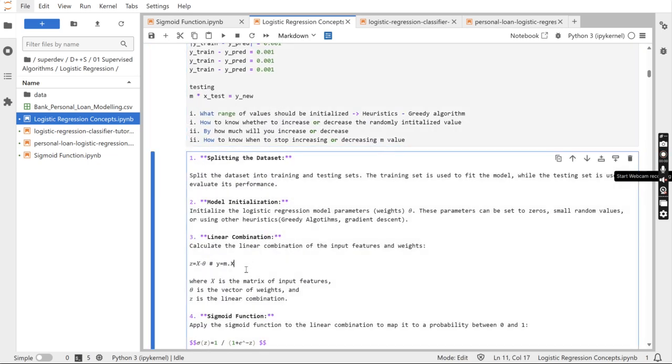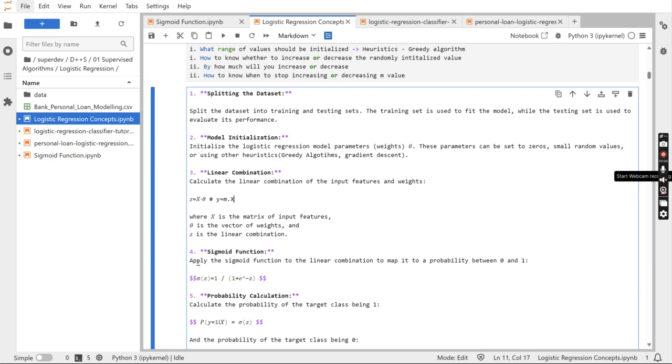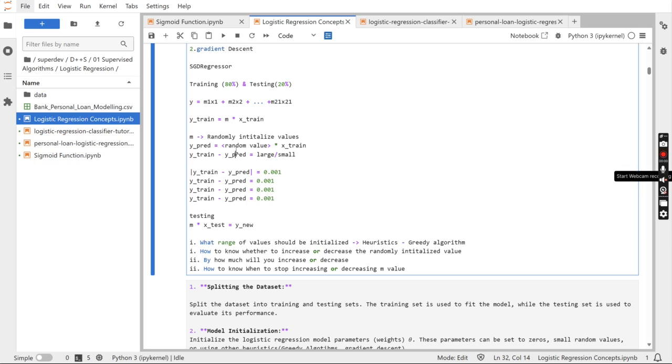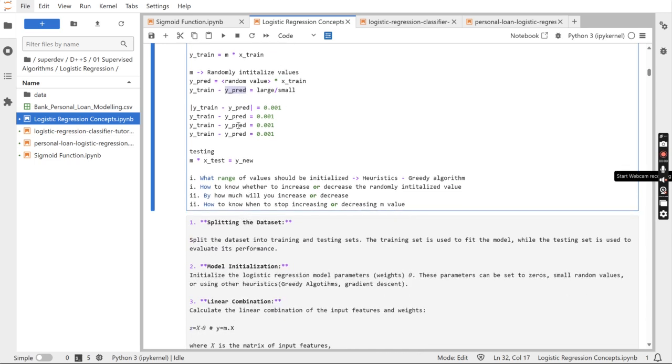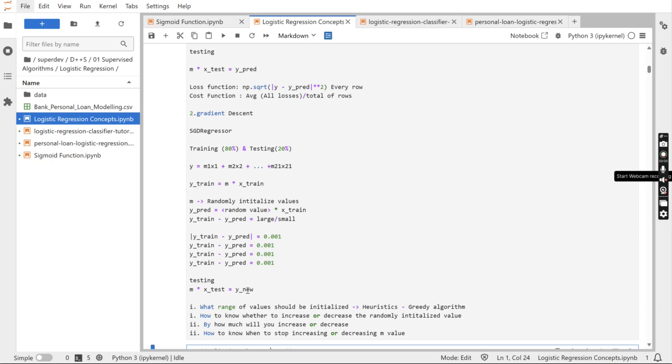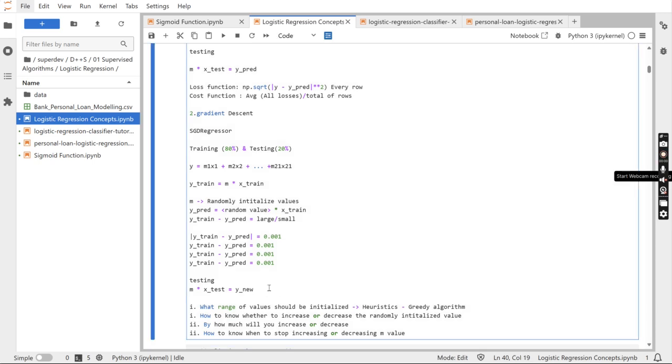After you get this y pred, this is where the similarity ends. For linear regression, you will get the y new value, something like 0.756, a floating value. But for logistic regression, you will pass this value into the logistic function.